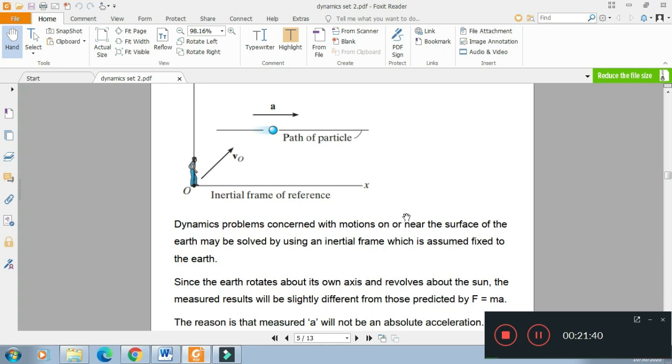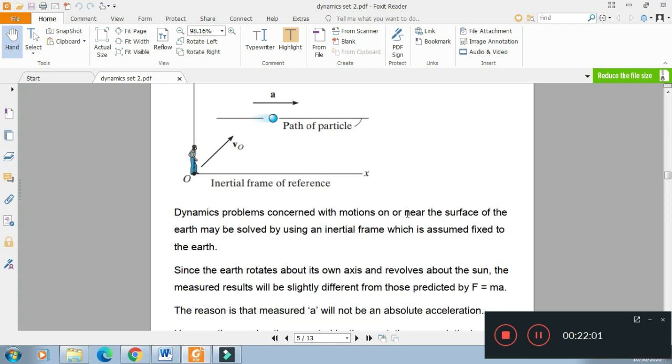For dynamics problems, we consider the inertial frame of reference, mostly the frame of reference which is attached to the earth. Even though the earth is moving, it is rotating. When it is rotating, it means it is accelerating. Since it is accelerating, in the exact sense the equation F equal to ma will be invalid.